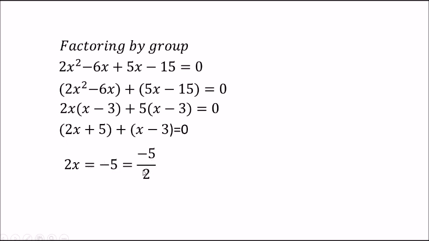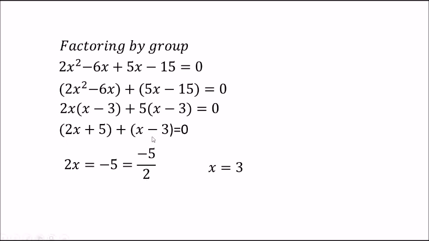Bakit naging negative 5 over 2? Kasi itong equation na to, 2x equals negative 5, kailangan natin i-divide both sides by 2 para ma-align si coefficient ni 2x. So, divide both sides by 2, may matitira dito is si x. Dito naman ay negative 5 over 2. Kaya ang result dito ay negative 5 over 2.